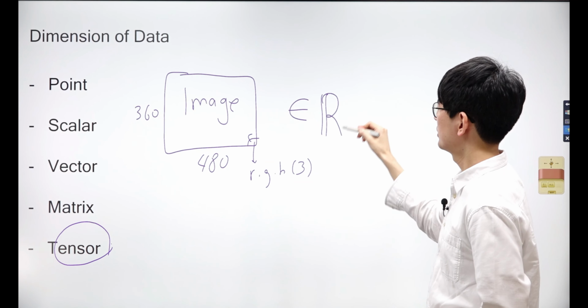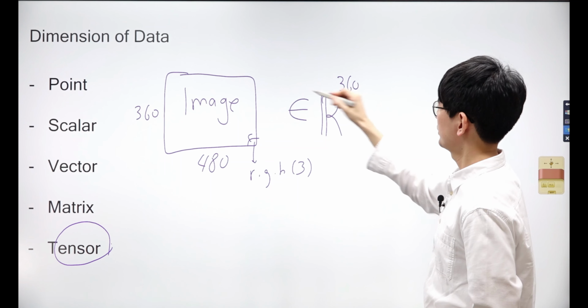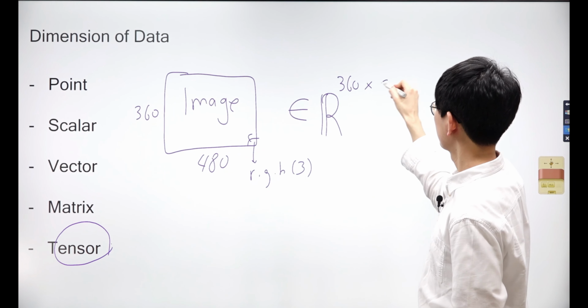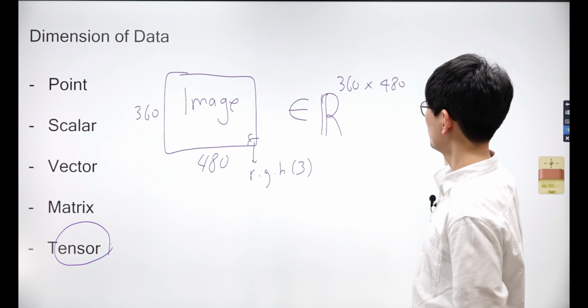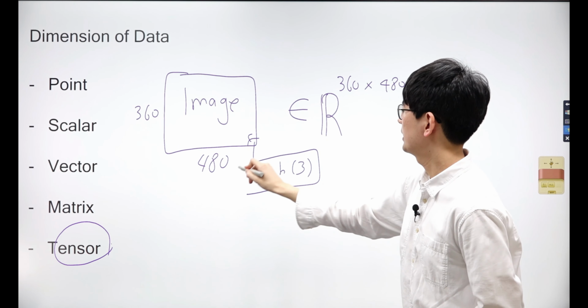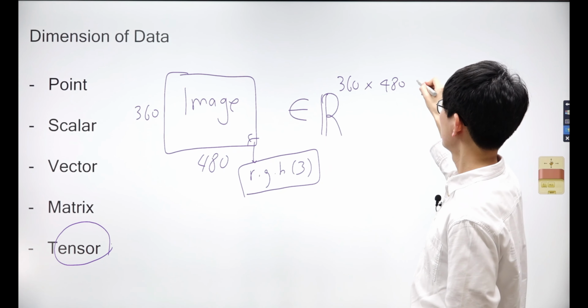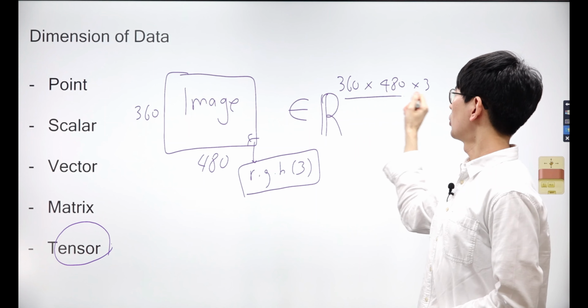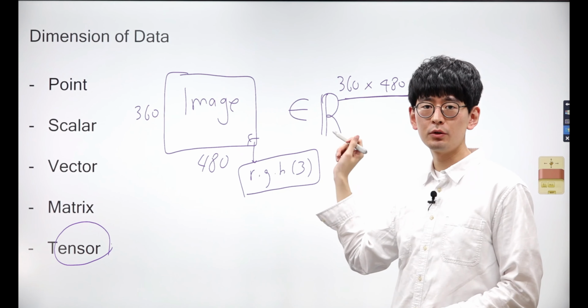So the dimension of an image is multiplied by 3. In the case of tensors and higher dimensional data, you just multiply the dimensions like this. For higher dimensional tensors, we multiply additional dimensions to it. That's how we define the dimensions of a tensor.